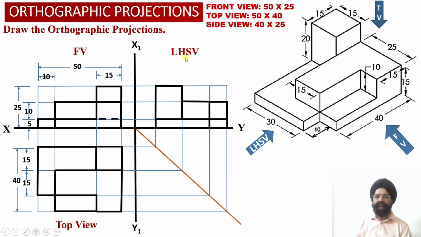So this way we have been able to obtain the front view orthographic projections of the solid, the top view orthographic projections of the solid, and the left hand side view orthographic projections of the solid when the 3D isometric projection of the solid was available with us to begin with.